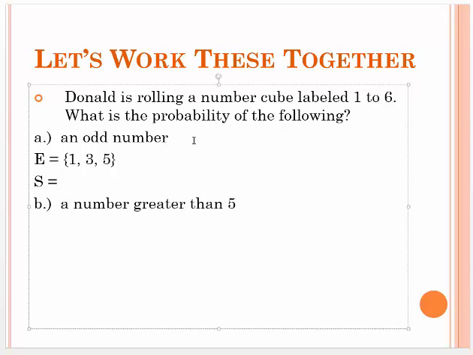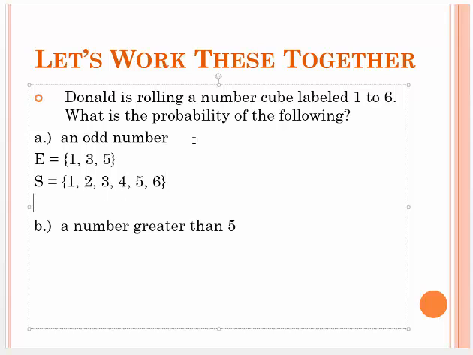The sample space on a die is 1, 2, 3, 4, 5, or 6. So the probability that he rolls an odd: if you look in my event list, there are 3 possible ways that could happen, and in the sample space there are 6 possible ways. That simplifies to 1/2, or as a decimal, 0.50.